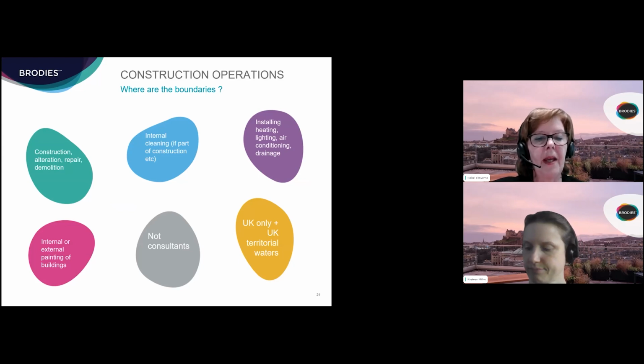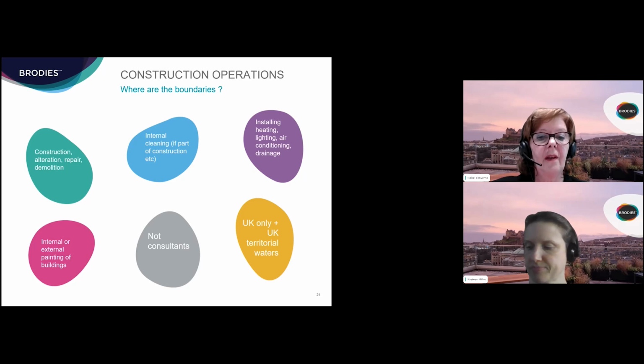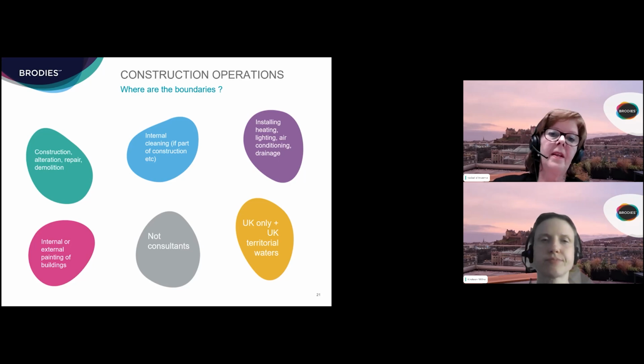Internal or external painting of buildings can be, and installing heating, lighting, air conditioning, drainage, things that you might not think are construction operations, but they are. Although, as we've mentioned, not consultants. Consultants don't supply construction services. Obviously, if they're wrapped into a design and build contract, that will be a different matter.